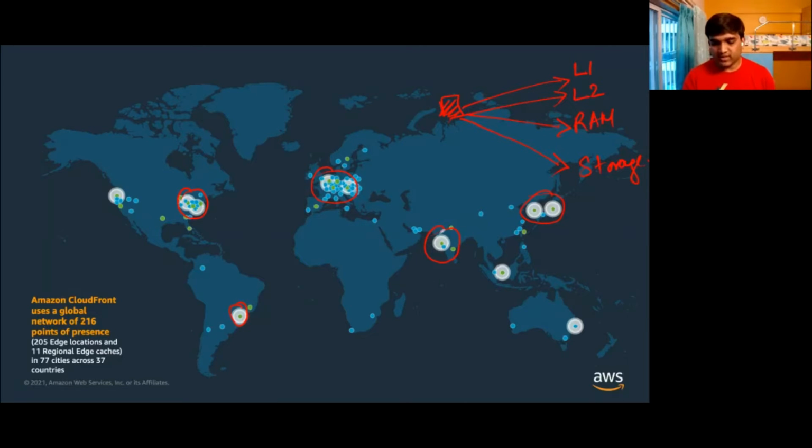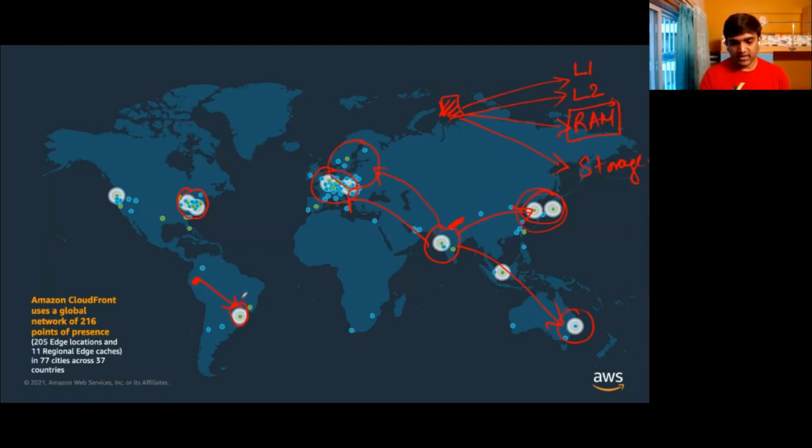Similarly, here you can think of the CloudFront distribution, or CloudFront network, as actually the RAM. Okay, where it pulls the data from the actual regions at regular intervals, so that if anyone wants to access data which is there in Mumbai, right, it doesn't have to go to Mumbai. It will first check in its nearest CloudFront distribution.